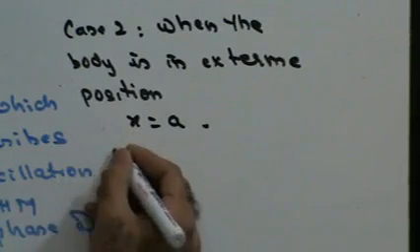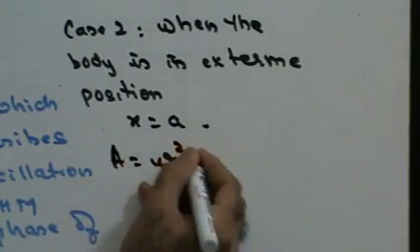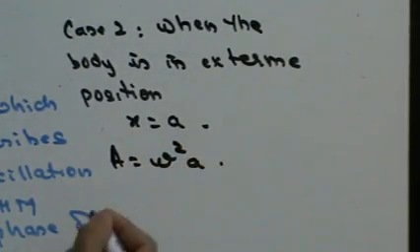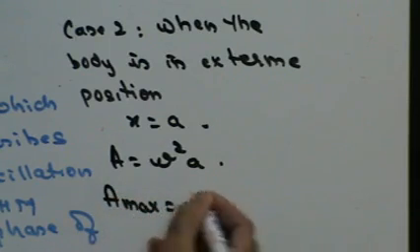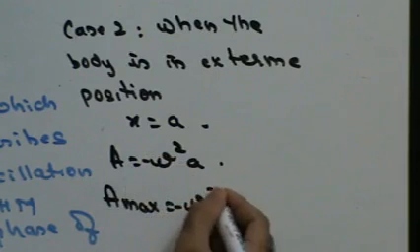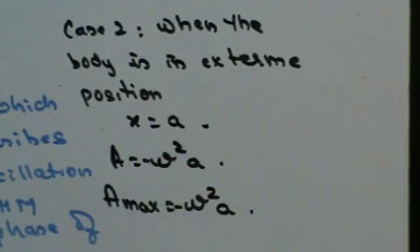So in which case I can say acceleration, minus omega square x, can be written with x as a. Therefore this is going to be my maximum acceleration. a max is going to be minus omega square a.